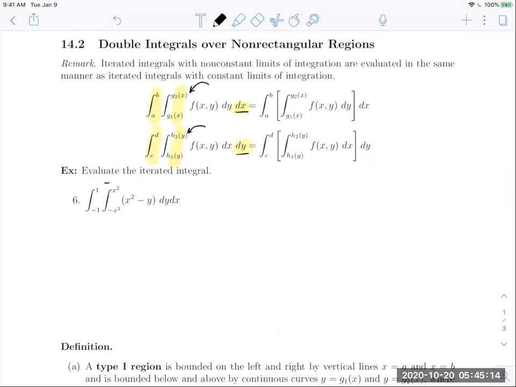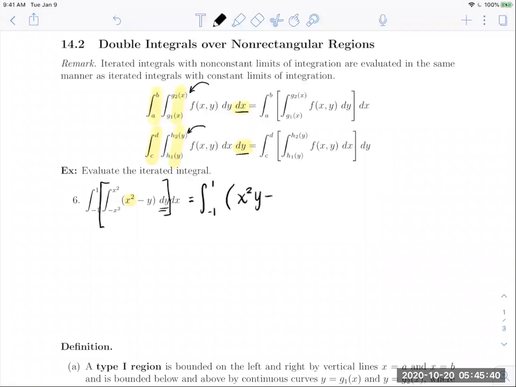If you want, you can put a set of brackets here that tell you that you're integrating with respect to y first. So when I look at this x squared term, it's considered a constant. So when I integrate it with respect to y, I'm going to tack on a y variable. I'm going to begin by recopying my first integral, and then I'm going to write this as x squared y.